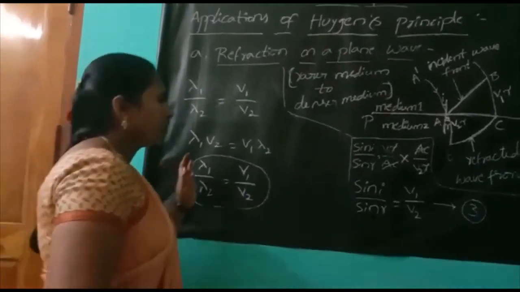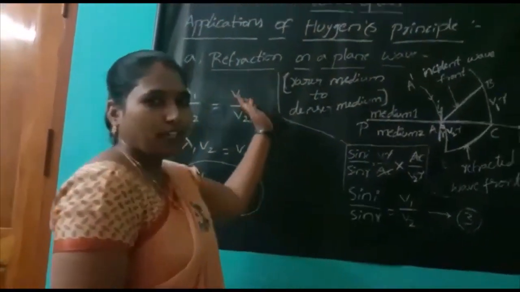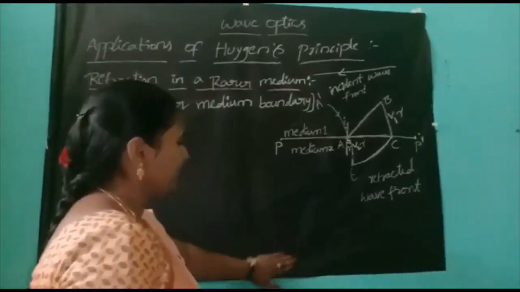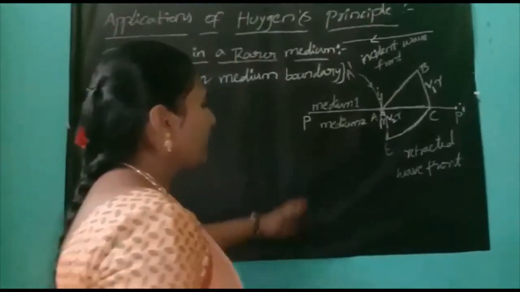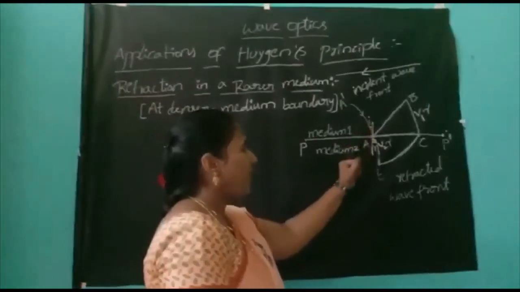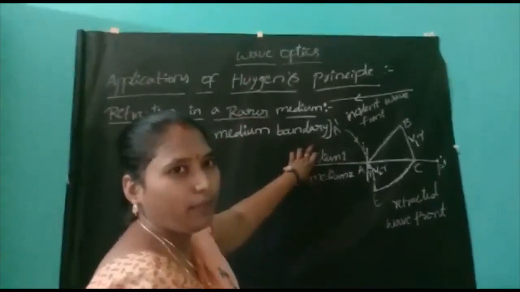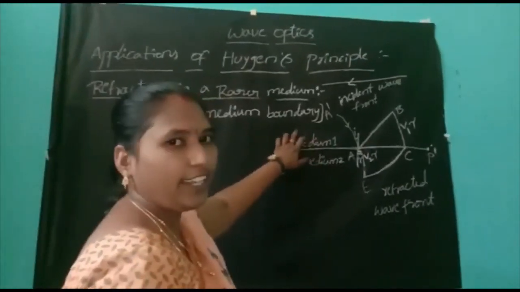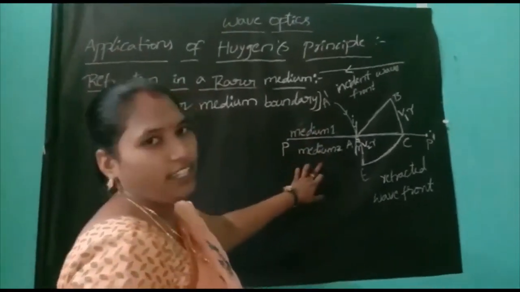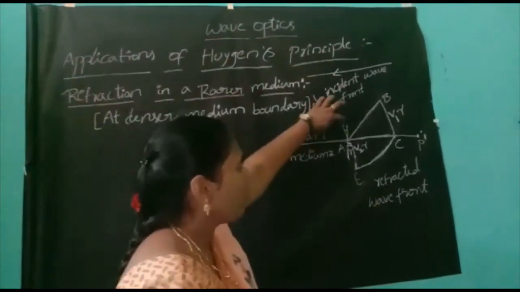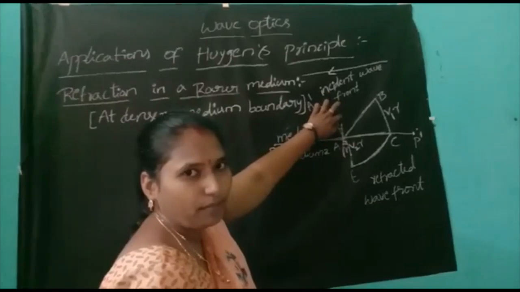Next case in Huygens principle: let us take a ray which is traveling from denser medium to rarer medium. Here medium 1 is called the denser medium and medium 2 is called the rarer medium.